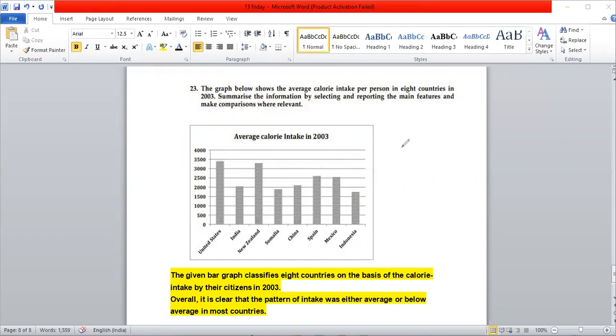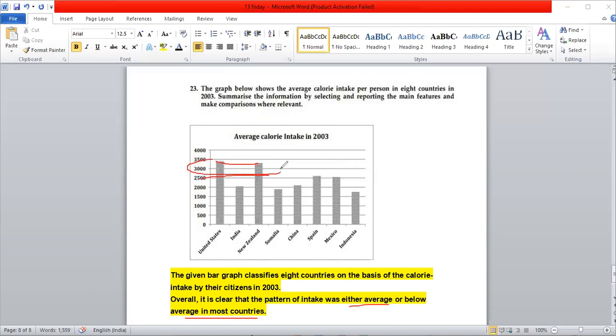The first paragraph, as I told you, says it is either average or below average in most countries. First you have to say what is above average. The average is 2,500.